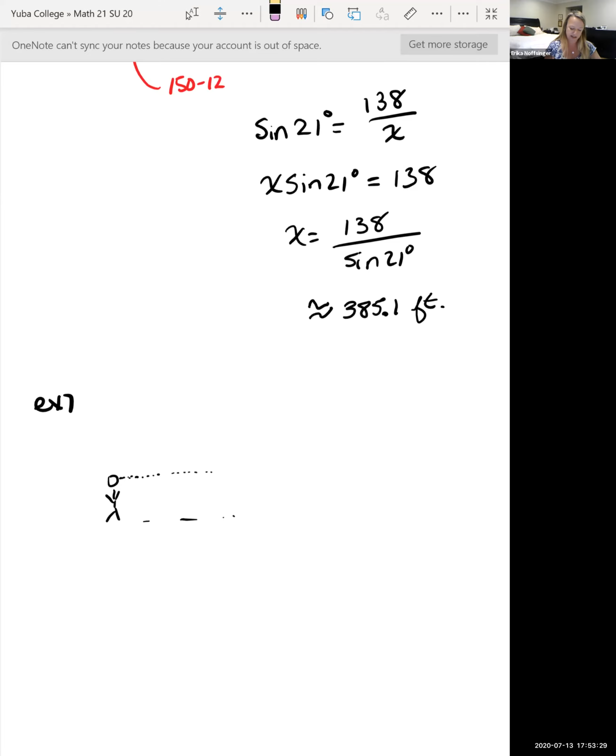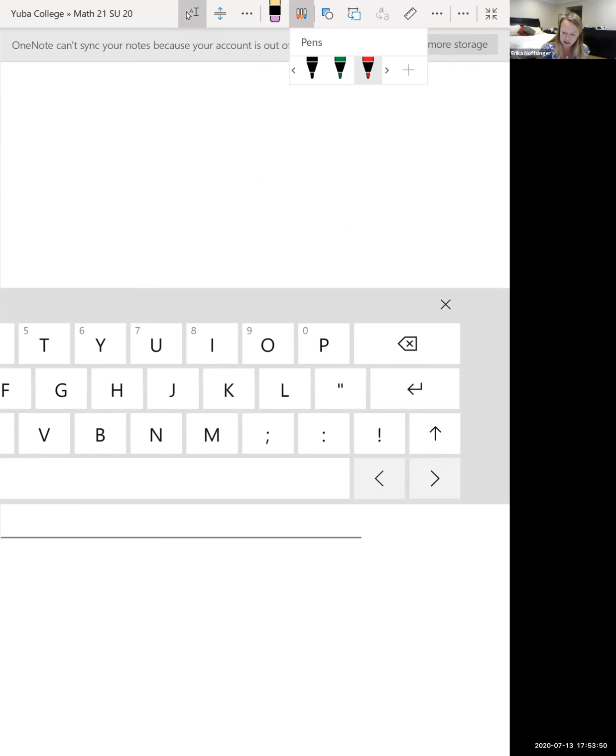And he's trying to estimate the height of the tree. He first finds the angle of elevation from where he's standing to be 35 degrees. So remember we were talking about angle of elevation and angle of depression. Angle of elevation or depression is always from the horizontal line. Elevation would go up, depression goes down. And so we know that he has a 35 degree angle of elevation.